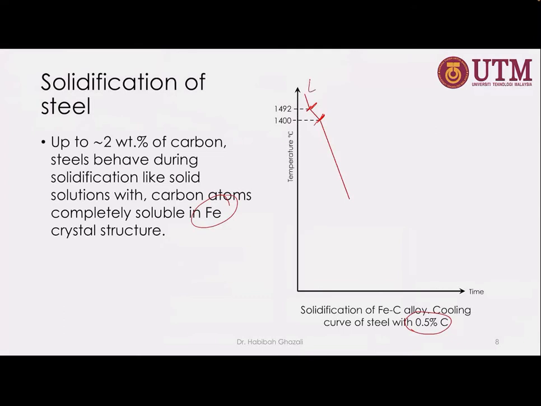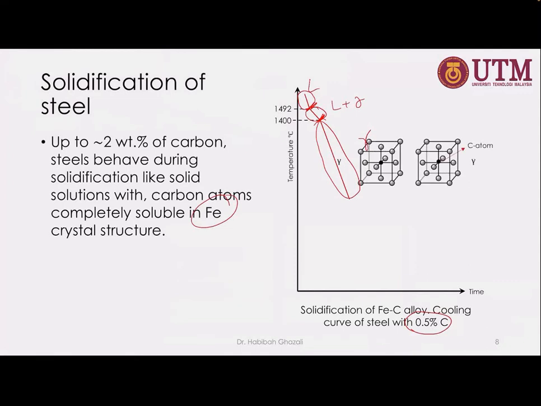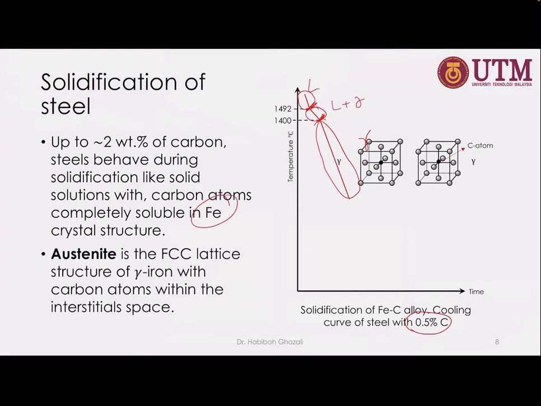Now it is liquid from here, here is liquid plus austenite, and here is austenite, gamma. The gamma symbol of iron has the name austenite. What is austenite? It's an FCC lattice structure of gamma iron with carbon atoms within the interstitial space.